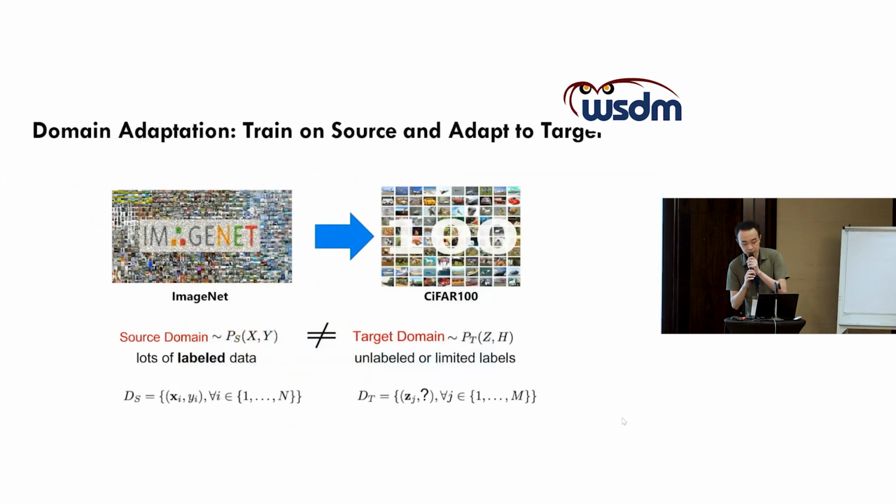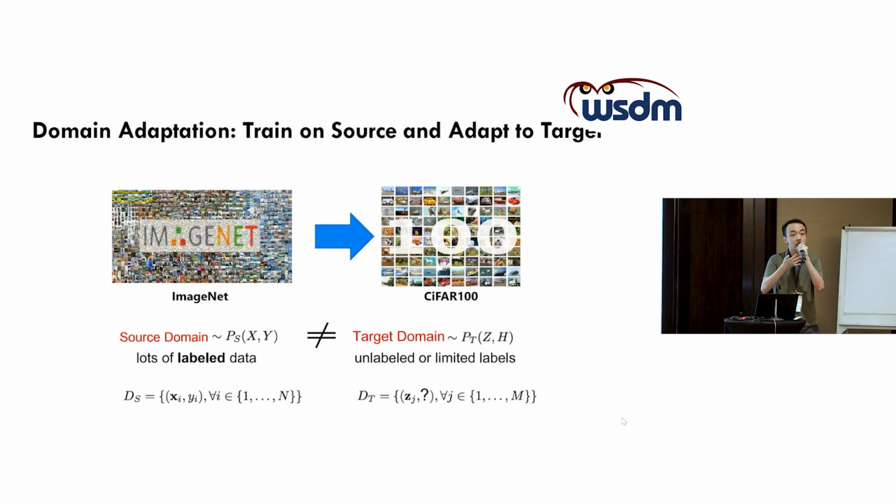Now, to tackle this limitation where we don't have sufficient data, domain adaptation is proposed to solve this problem. The idea is that at the training stage we are not able to collect sufficient data, so we ask whether, during the inference stage in a specific or new environment, it is possible to train on the source domain data.